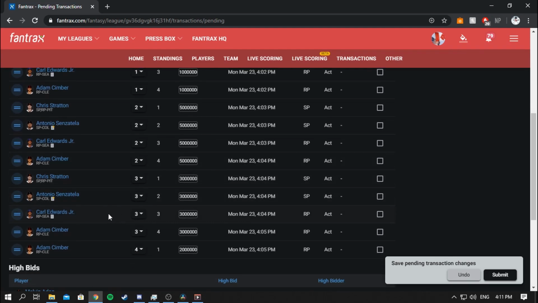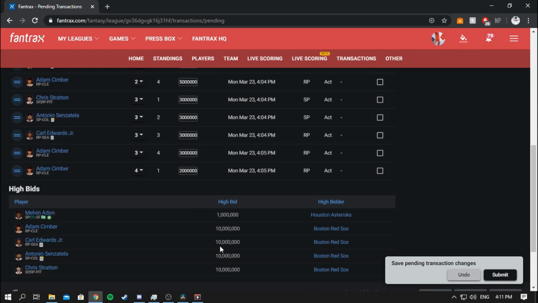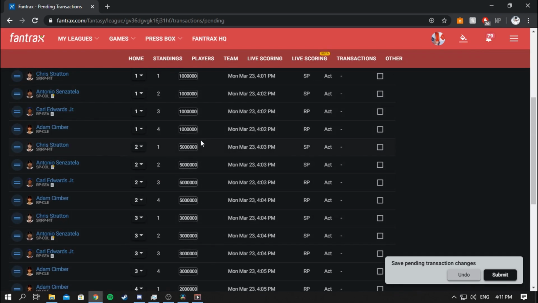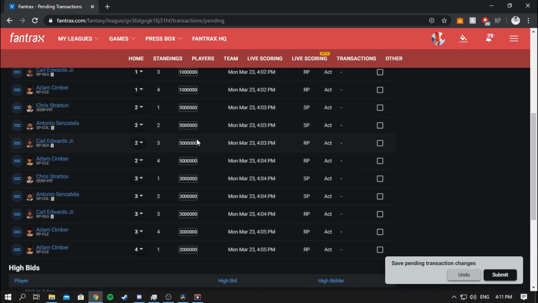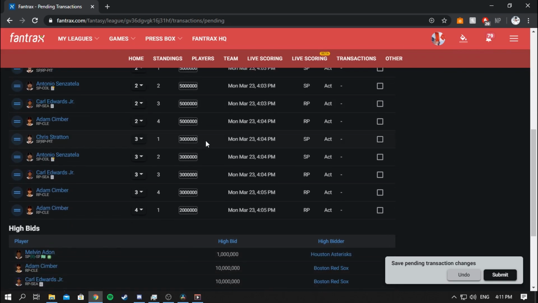Now my actual bid on Edwards would be $3 million tops. So even though down here it looks like it's $10 million, because of the conditions I've put up here, the $10 million bid for Edwards will never go in. At best, I'll be submitting $3 million for Edwards.